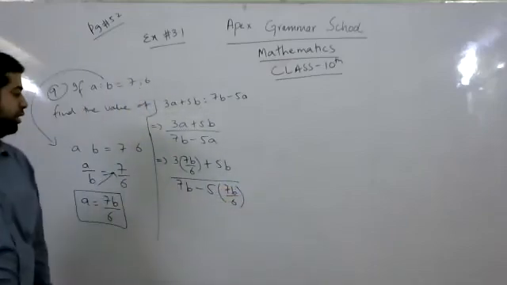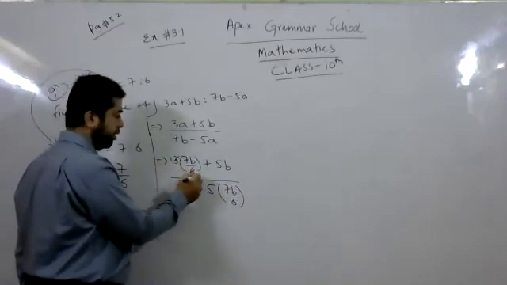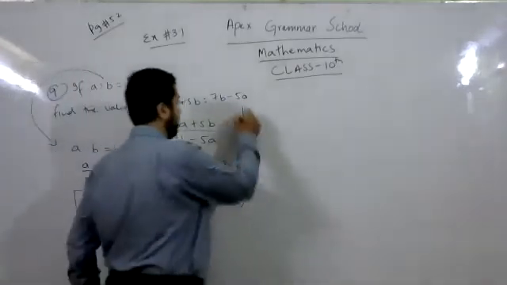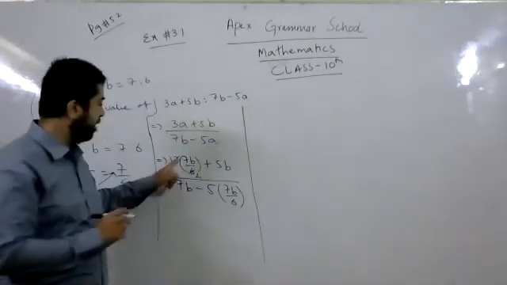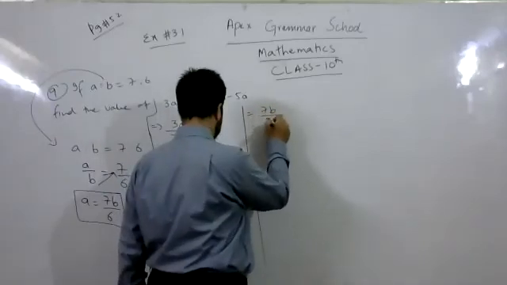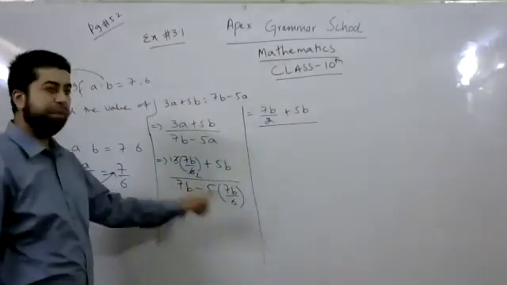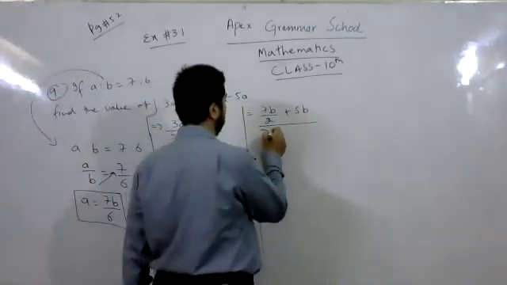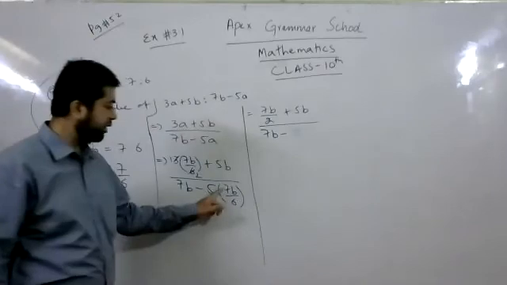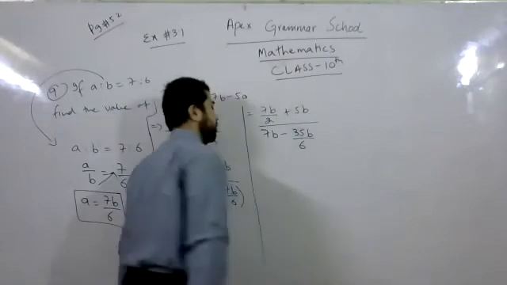Now you can solve this easily. This 3 can cancel this 6: 3 1s are 3, 3 2s are 6. And this 5 can't cancel this 6 here. So you can easily write it as 7B divided by 2 plus 5B, and in the denominator 7B minus 35B divided by 6.